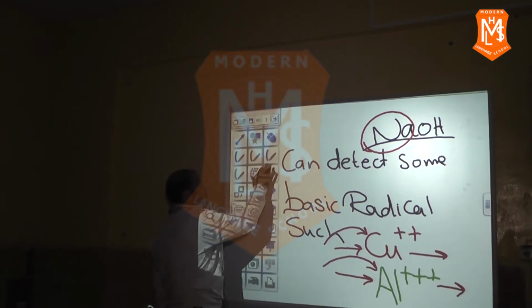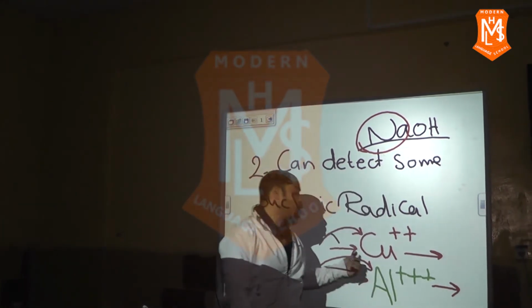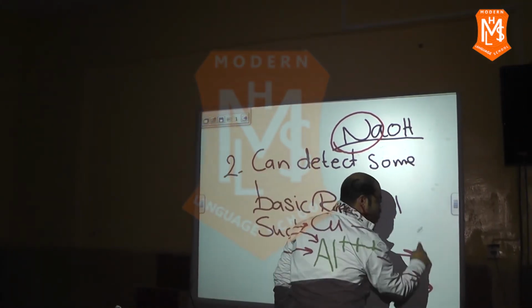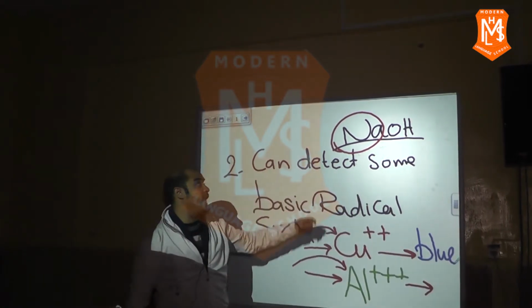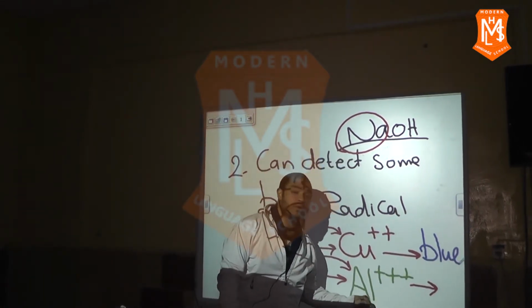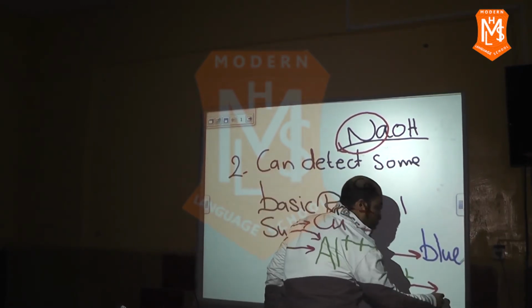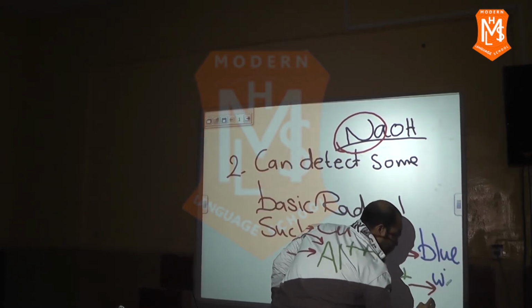If we add sodium hydroxide to any salt which contains copper cation, the solution changes into blue color. While when we add sodium hydroxide to a salt which contains aluminium cation, it changes into a gelatinous white precipitate.